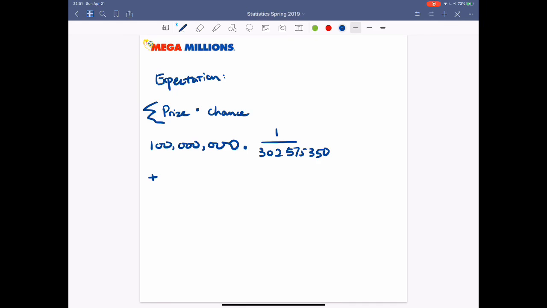In order to calculate the expectation, the way we do it is by multiplying the prize amount by the probability, the chance of winning the prize, and adding them all up.